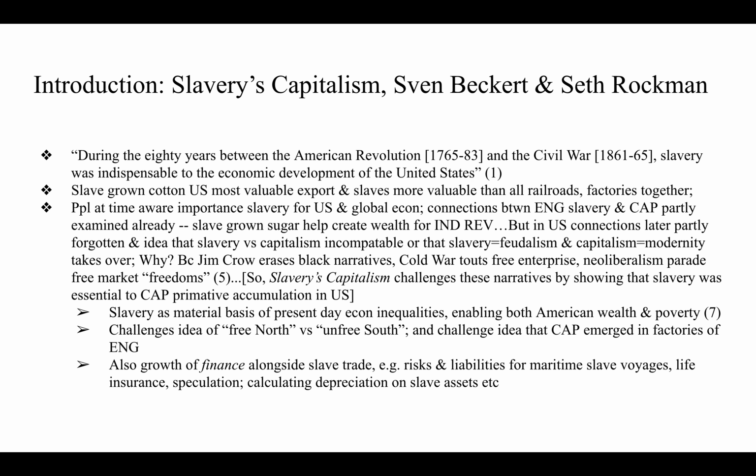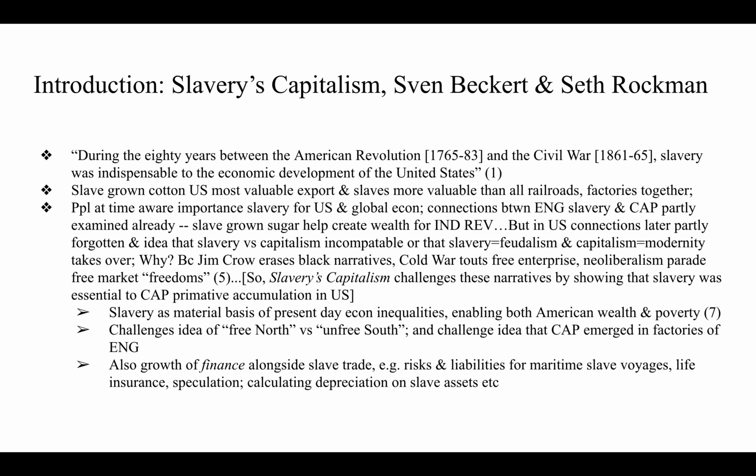But a lot of this, even though it was common knowledge at the time, was later forgotten, especially in the U.S., argue the authors, because there was this idea that I've already highlighted, partly because of classical political economy, which said that slavery and capitalism were incompatible, that slavery was a pre-capitalist mode of production, and it was unmodern, right? So that was one reason why these connections were forgotten.